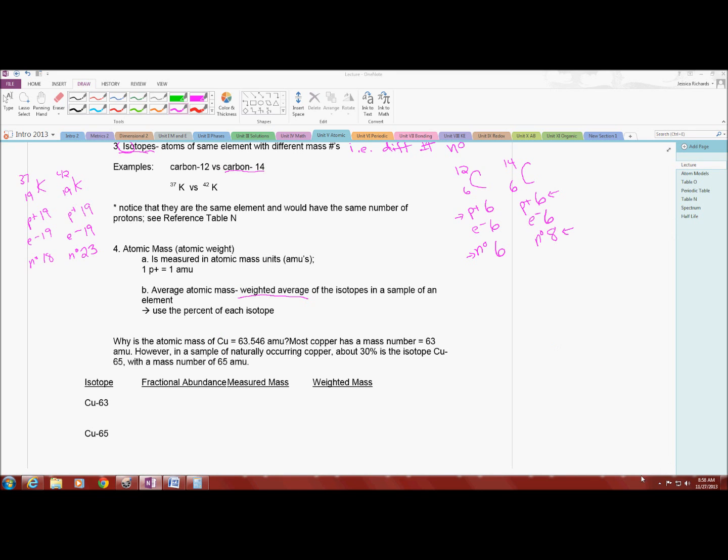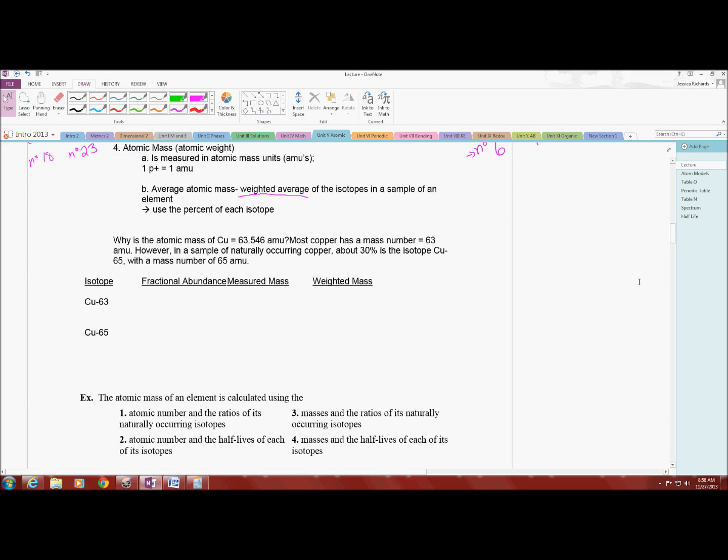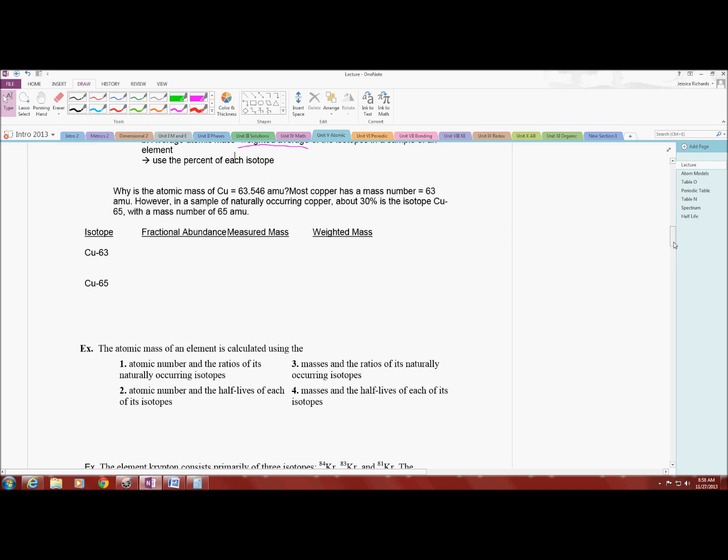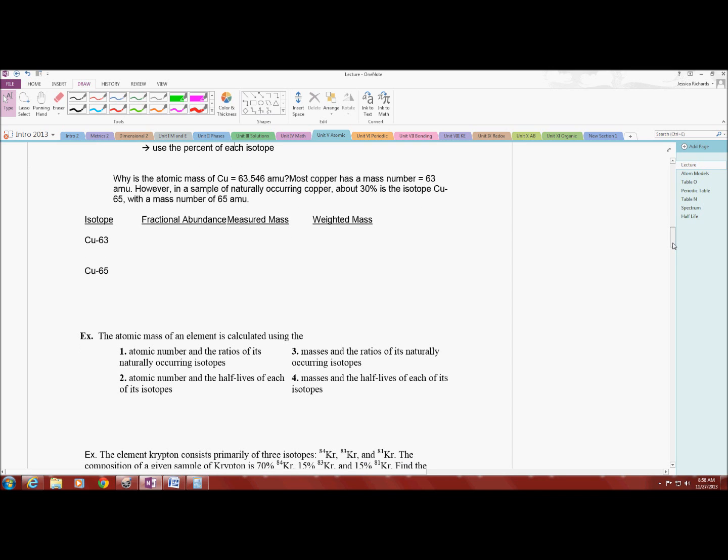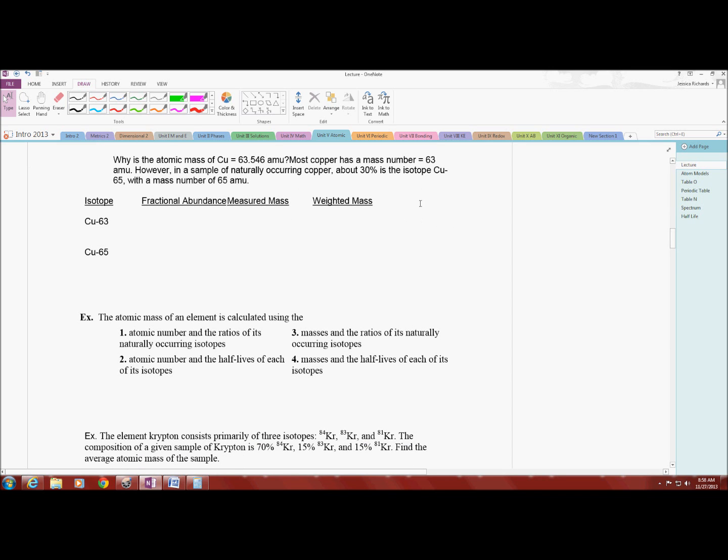Okay, so when we look at weighted averages, we don't do it like a normal average. You're not going to just take two numbers and put them together and divide by 2. It doesn't work that way. It's going to be a weighted average. So we need to know what percent of the isotope there is in nature.